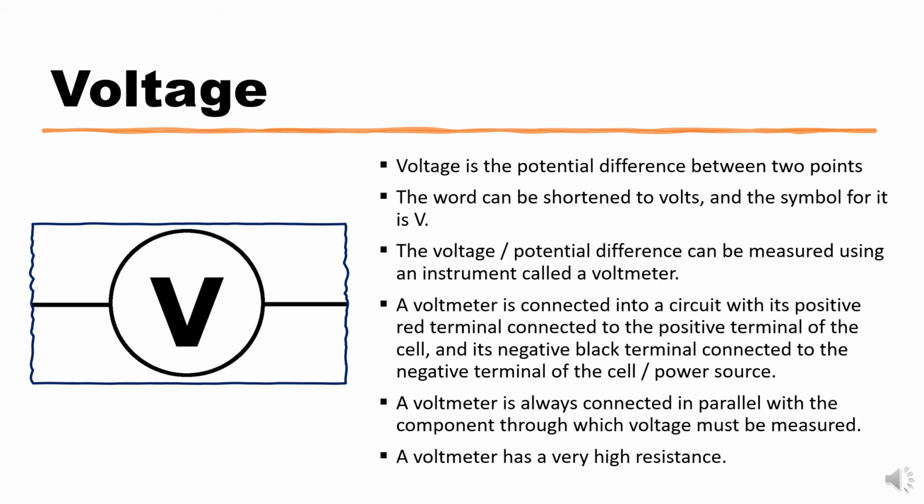A voltmeter is connected into a circuit with its positive red terminal connected to the positive terminal of the cell and its negative black terminal connected to the negative terminal of the cell or the power source. Remember, a voltmeter is always connected in parallel with the component through which voltage must be measured. A voltmeter has a very high resistance.